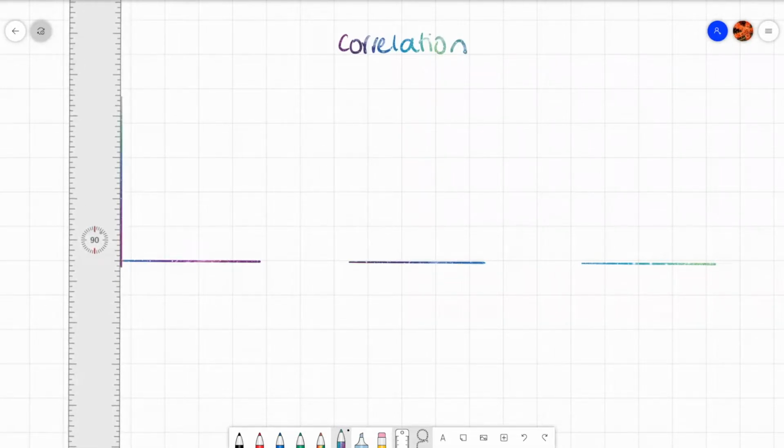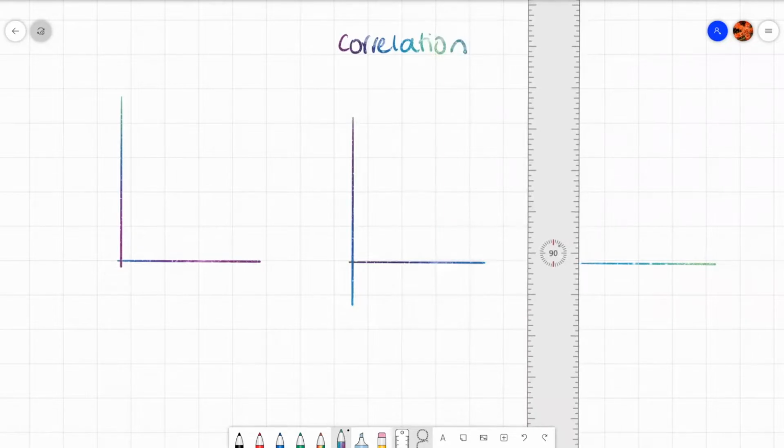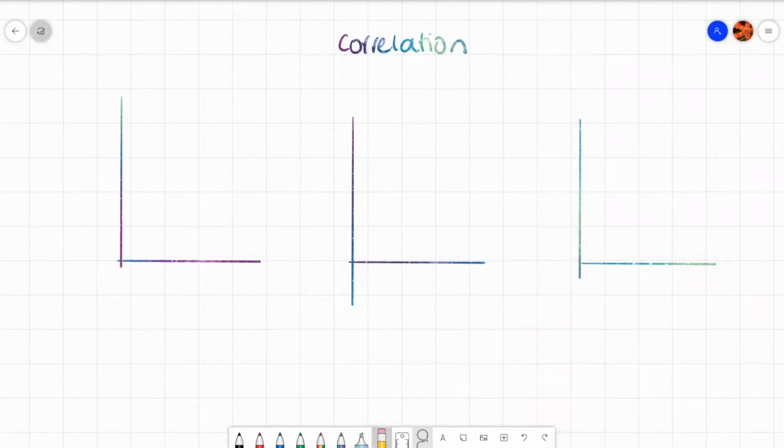Okay, there we are. I'm just going to get rid of this bit. Don't need this bit. Okay, so these are my scatter graphs. I'm just going to plot some points on there.